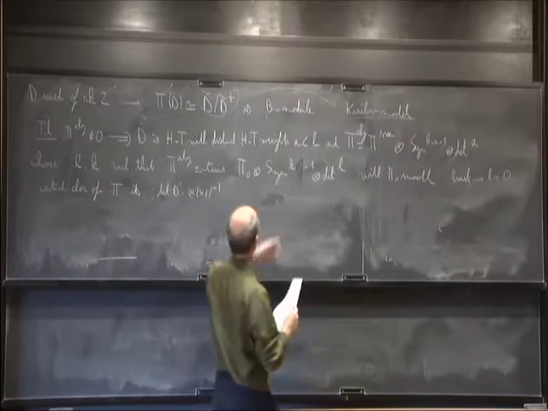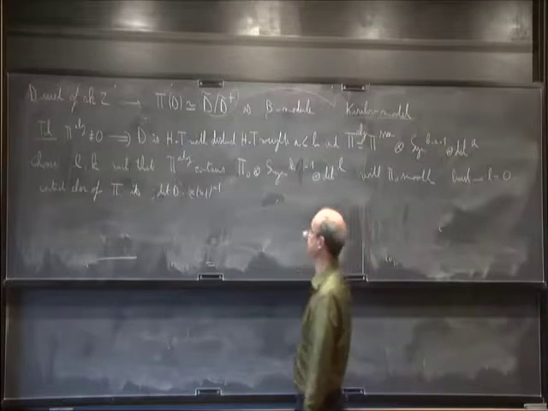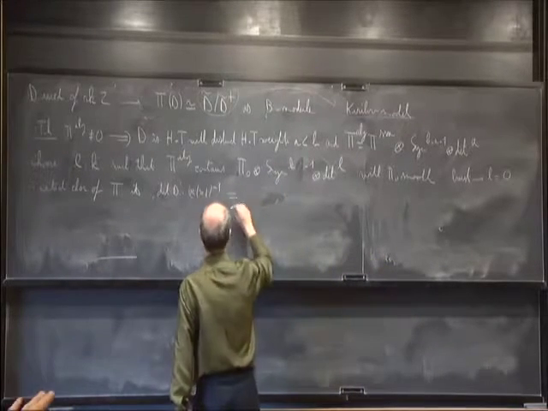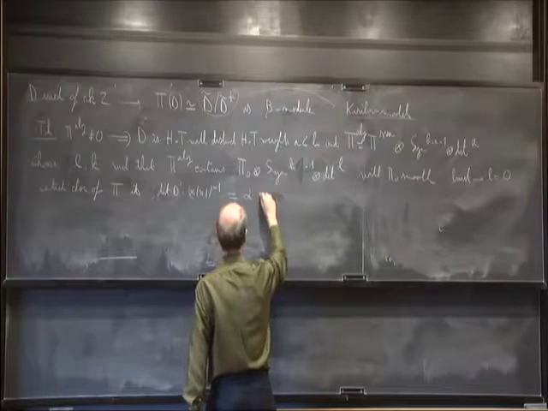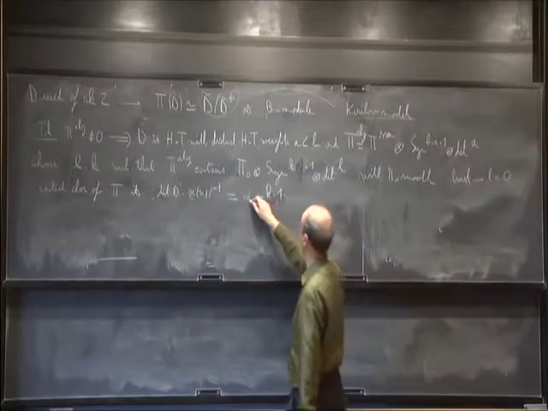But it is also the central character of the locally algebraic vectors. And so you get that it is something alpha times x to the k minus 1, okay, where alpha is locally constant.